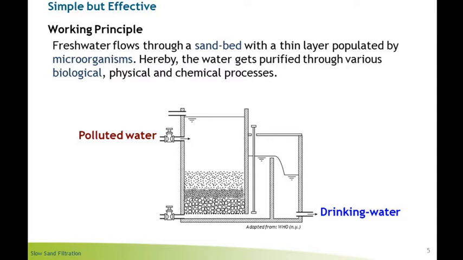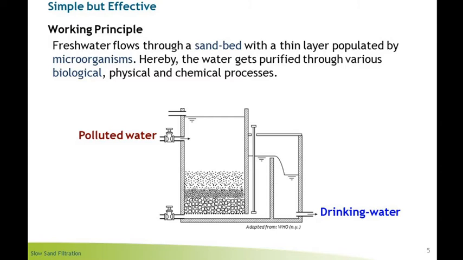Polluted water is fed from the top of the filter tank. At the top it is polluted water, next is sand, next to the sand is very fine gravel, then coarse gravel, and finally the under drainage system. This is the structure of the filter. You feed the polluted water from the top of the tank, and the water is allowed to pass through the bed of sand.